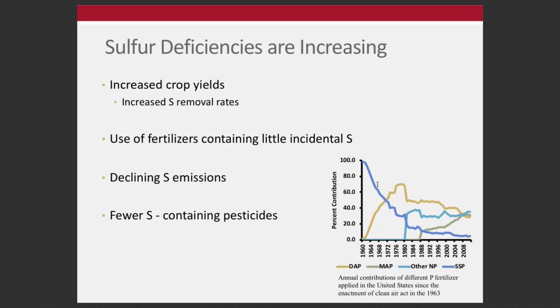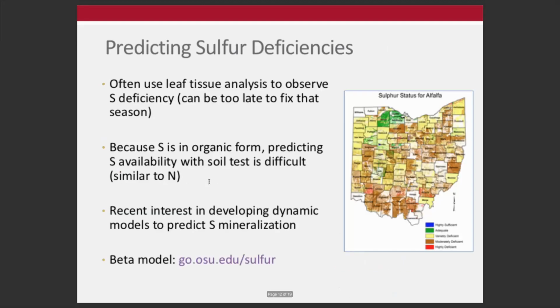Okay, the declining sulfur emissions, so essentially our free sulfur fertilizer from atmospheric deposition, quote unquote free, has declined over the last years. We talked about that in the last lecture with the National Atmospheric Deposition Program. And then there are fewer sulfur-containing pesticides. We could also add, for example, fewer cropland acres that are actually receiving manure. So there are a number of reasons that we might be suspicious that our crops are sulfur deficient. Okay.